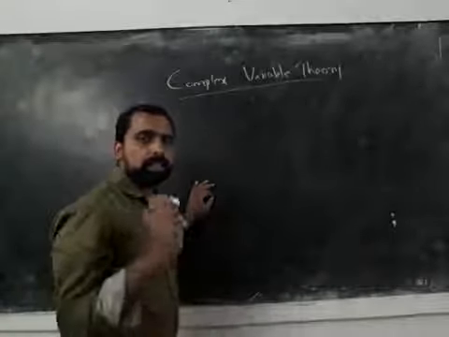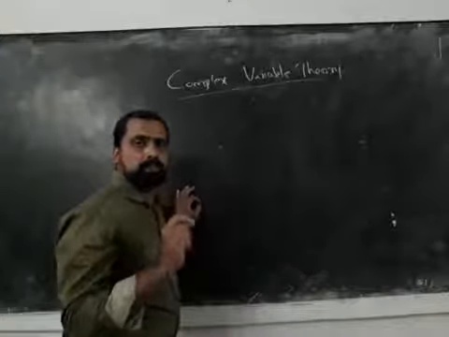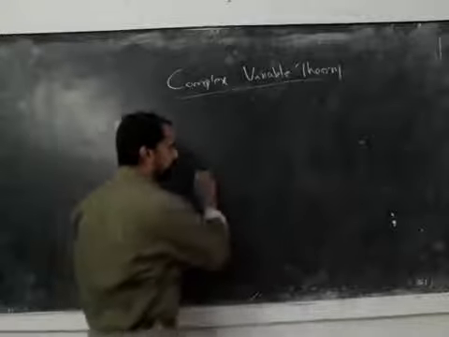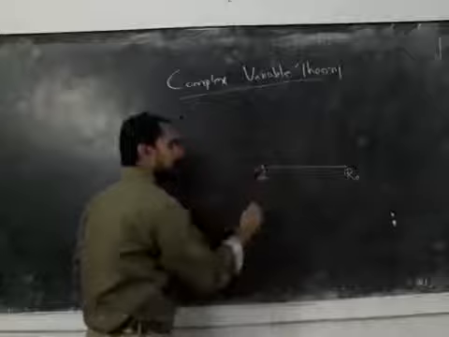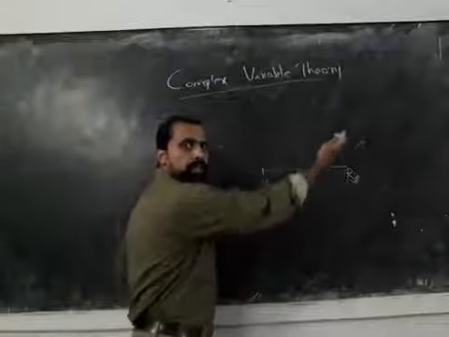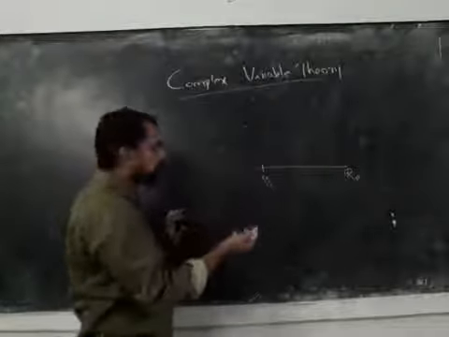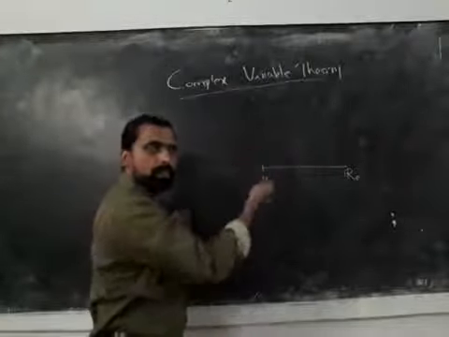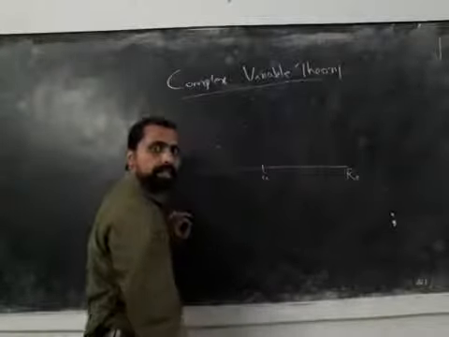So I mentioned, if you want to represent a complex number, it is not like our real numbers, which are represented on a real axis where you can represent 0, 1, 2, 3 or minus 1, minus 2, minus 3, and all the fractional numbers like 1 by 2, 3 by 2. All of those you can represent on this real axis.